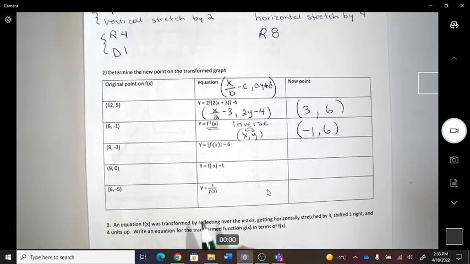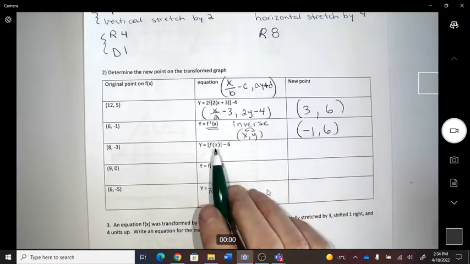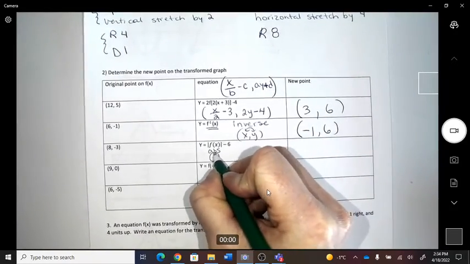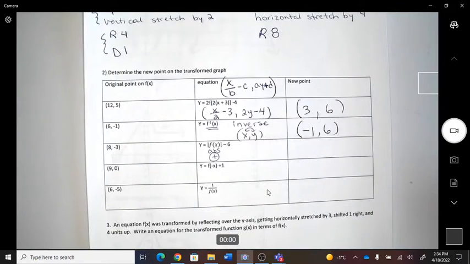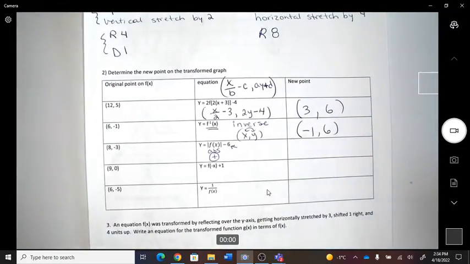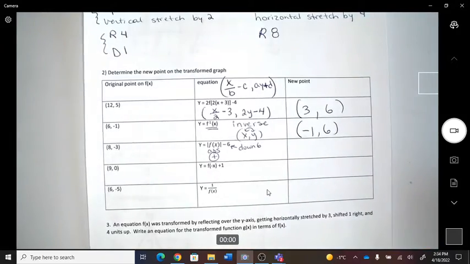Okay, so this means to do what? Do you remember this? Absolute value, which means whatever you have, you need to make sure it's positive. And then what should this be at as well? Down 6. Okay, which order should I do that in?